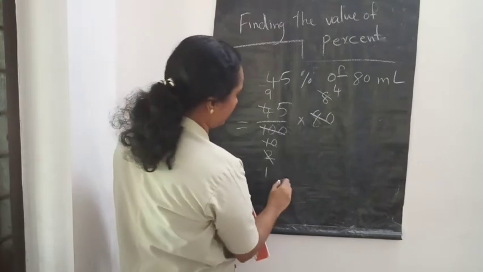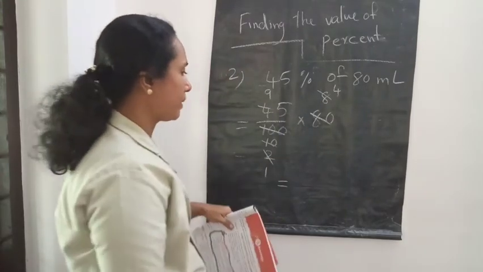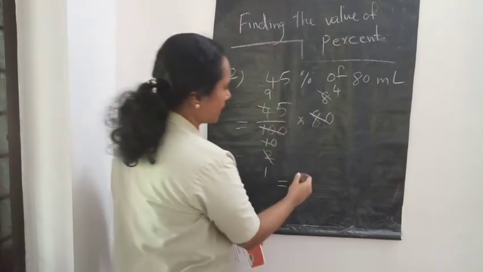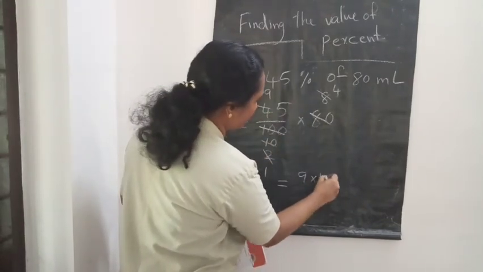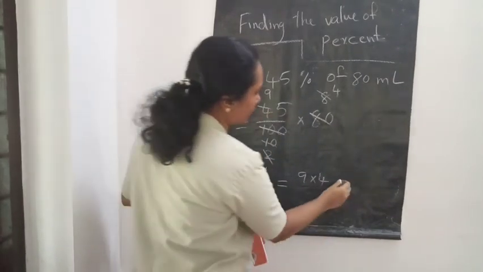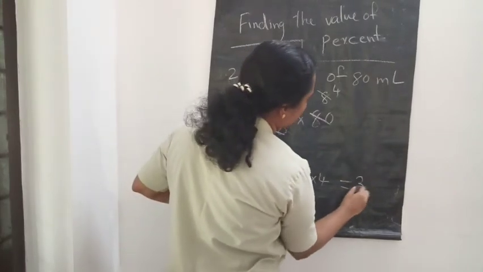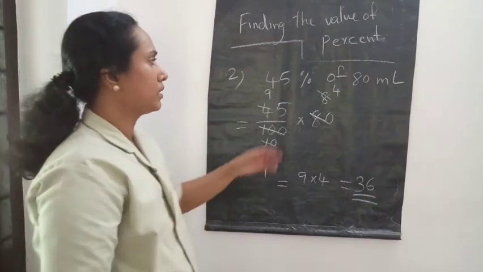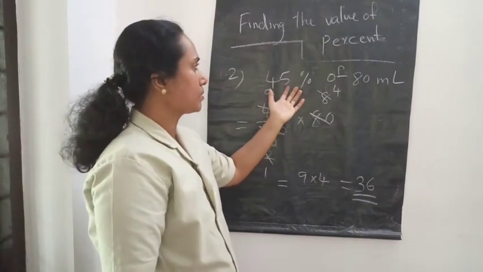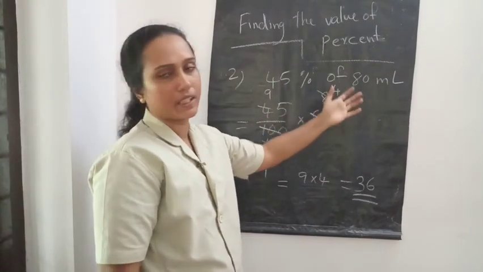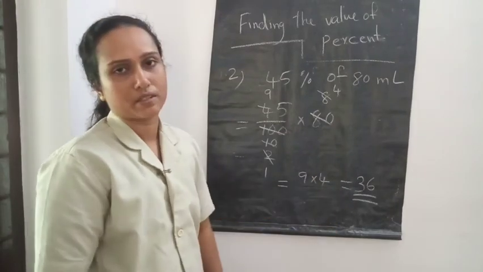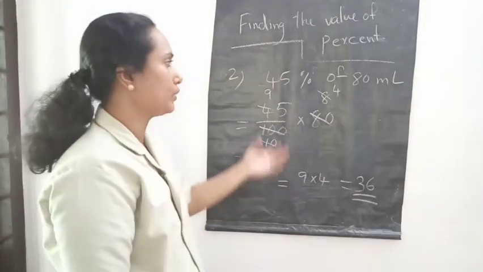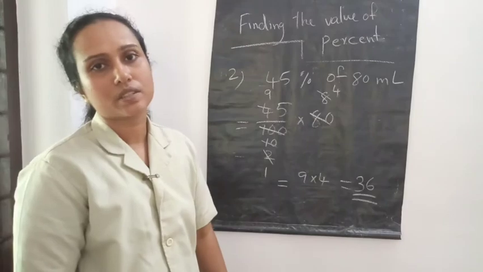Now there are no common factors. Then the numerators 9 into 4. Denominator is 1. Therefore the answer is 36. Then the value of this 45% of 80 is 36. 36 is the value.